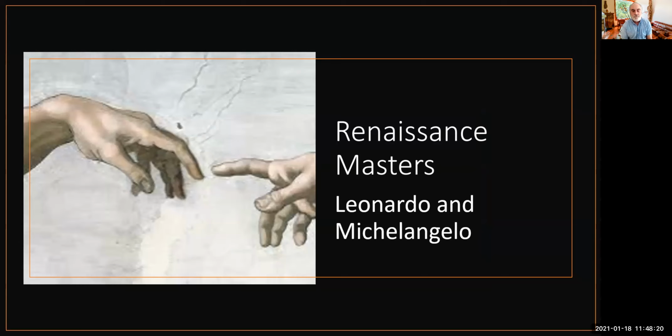Okay. So yes, as I say, here we are, Renaissance masters Leonardo and Michelangelo. I would like to put them in some kind of context. Speaking as a humanist, an art historian, certainly a philosopher, it's really true that cultures and civilizations sort of rise up.